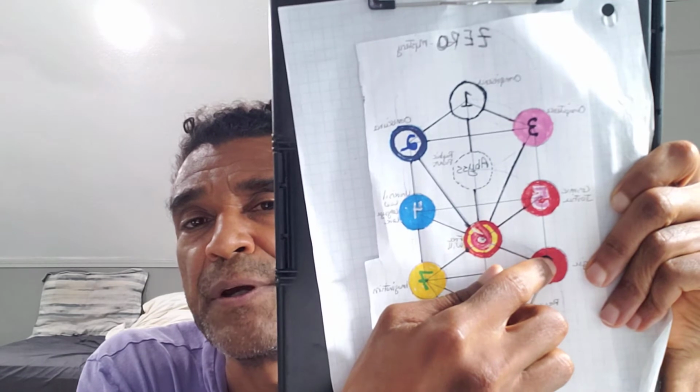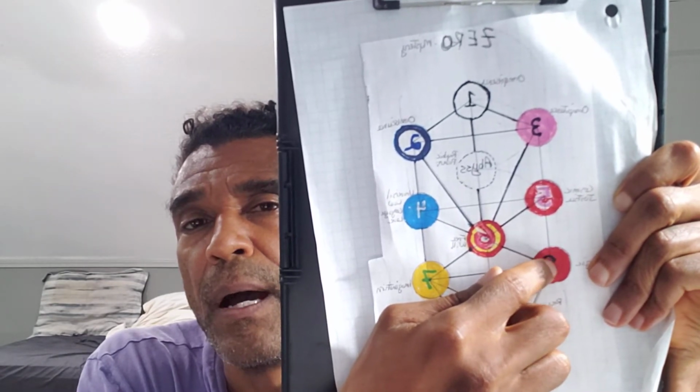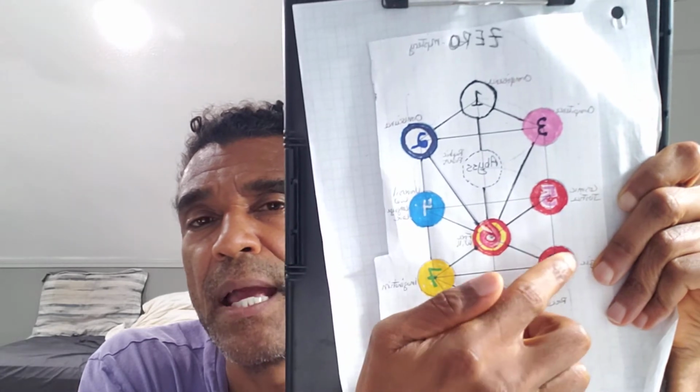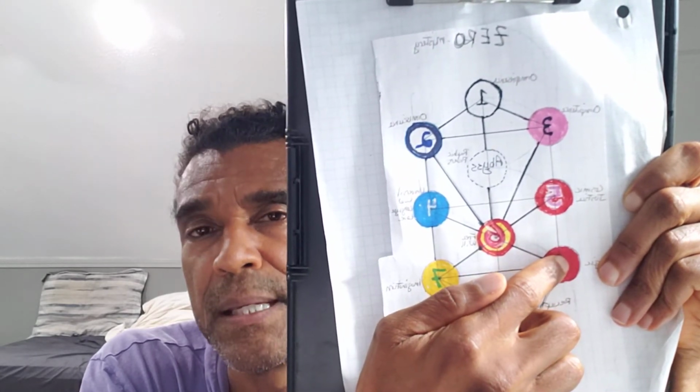Okay, the eighth sphere is somewhat similar, but where the ninth sphere is about the domestic consciousness, the eighth sphere is about the public consciousness.